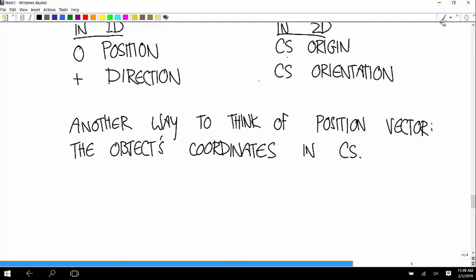And that's because of the fact that vector components are equivalent to the coordinates of the head of the vector. So that's the same thing.